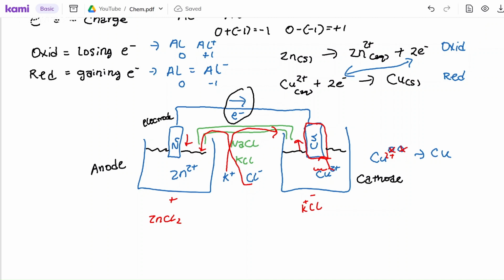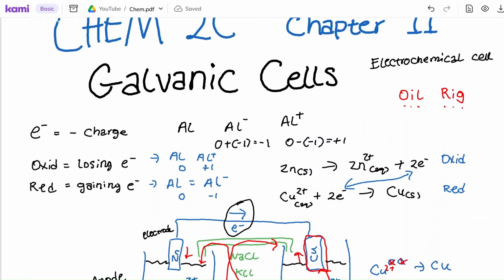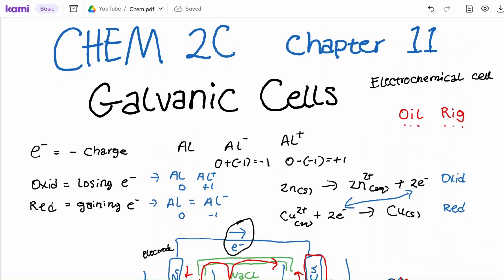So a galvanic cell creates electricity, which is this e. The e moving is a current, and later on you learn about the units and stuff. But that's a cool thing that a galvanic cell does. That's why I like galvanic cells, because there's an actual real life application for it, and you can work on it in the labs and see actual electricity voltages and all that. And that's the simple form of the galvanic cell.